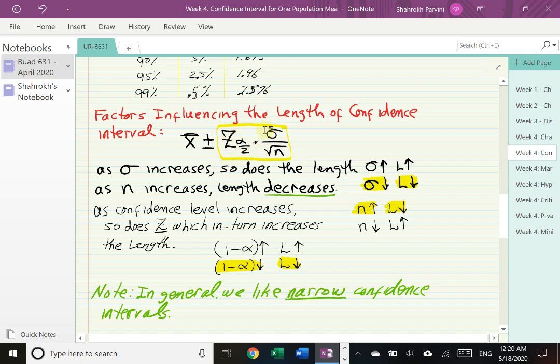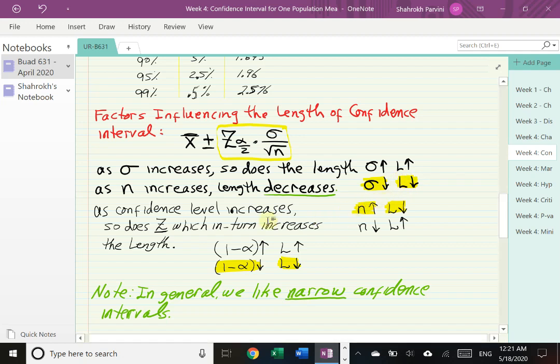Because of the relationship between z, sigma, and the square root of n being in the denominator, as sigma increases, this numerator increases, and the length of the confidence interval is directly proportional to that. So does the length. That's not a good thing. Therefore, what we would like to do is decrease the variability in the data, and that causes a narrower confidence interval.